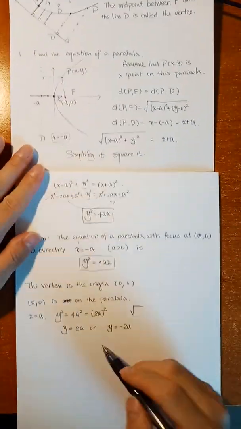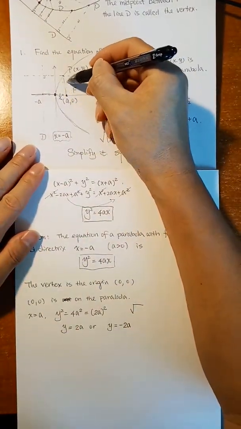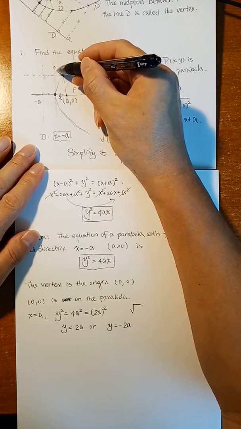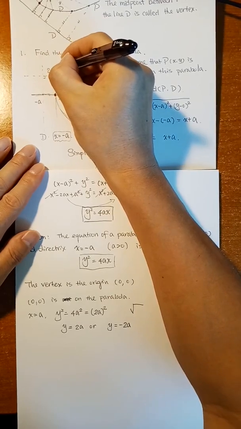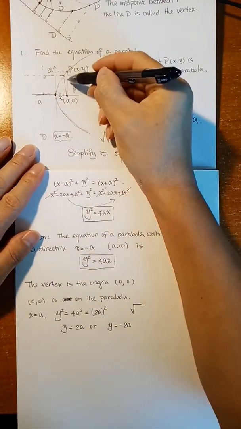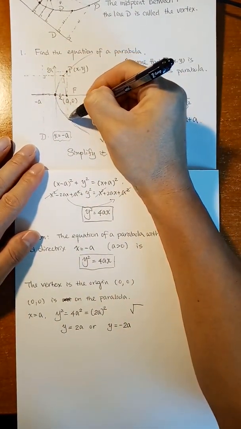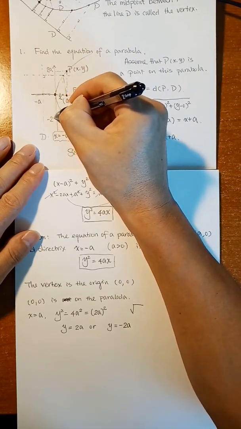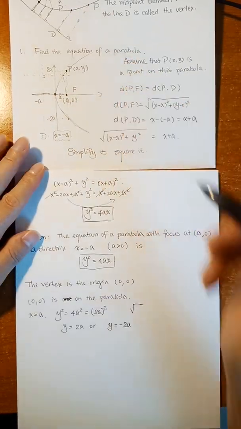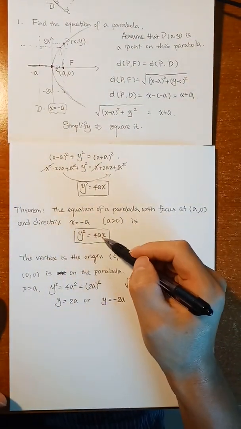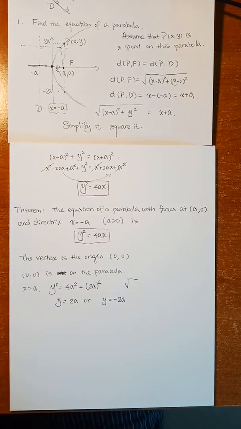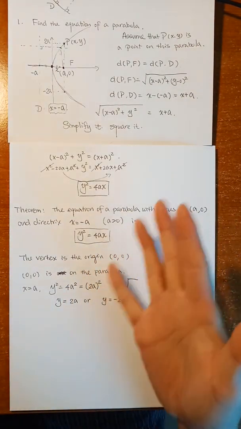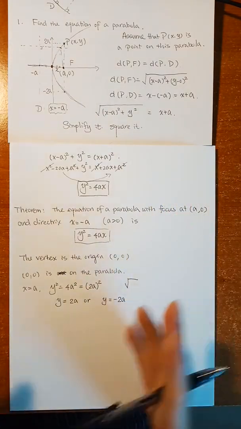Okay, so what does this mean? This means when x is equal to a, you project it up, you get this point. This point has y coordinate positive 2a. And of course, you can move down, you get this one, which has the corresponding y coordinate negative 2a. Other values, if you put in 1, 2, 3, you will get a square root which is not easy to evaluate.